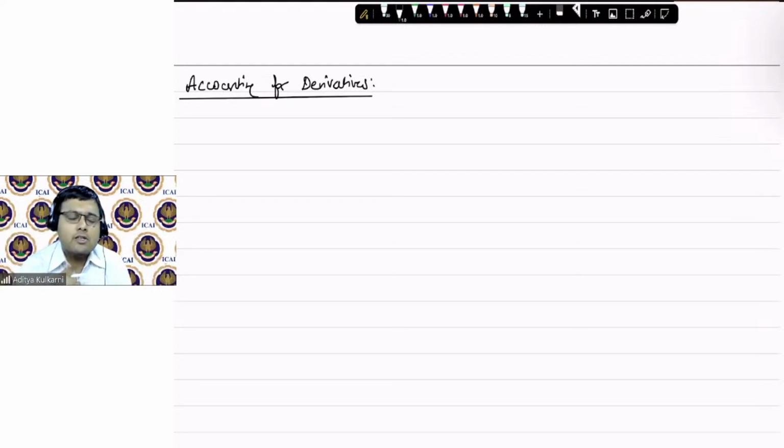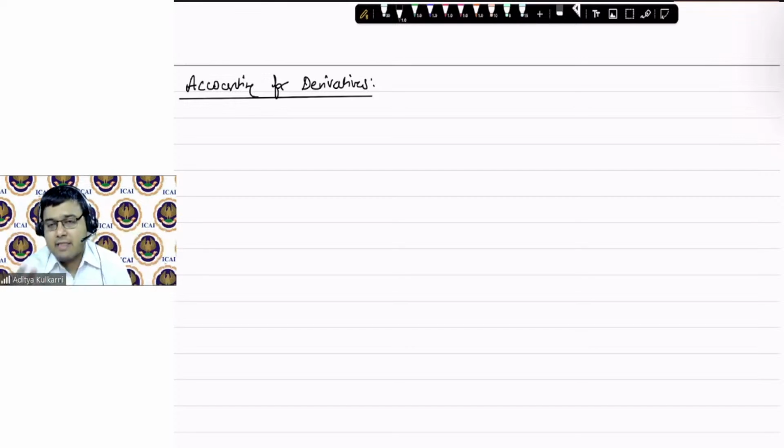Okay. So coming to derivatives, a derivative is an instrument whose value depends on the value of an underlying, number one. Second, it will be settled in the future. And there is no payment initially to be done, or an insignificant payment is going to be done.